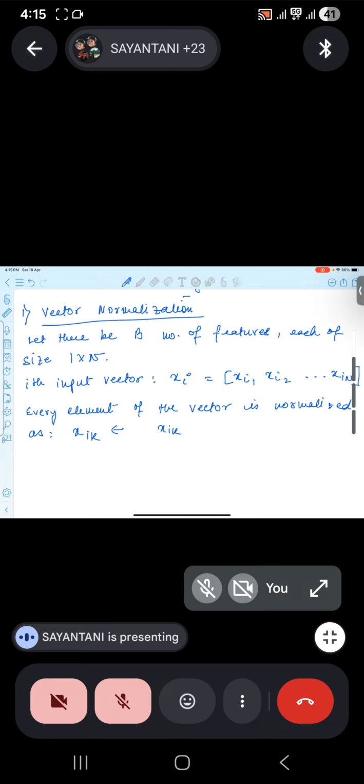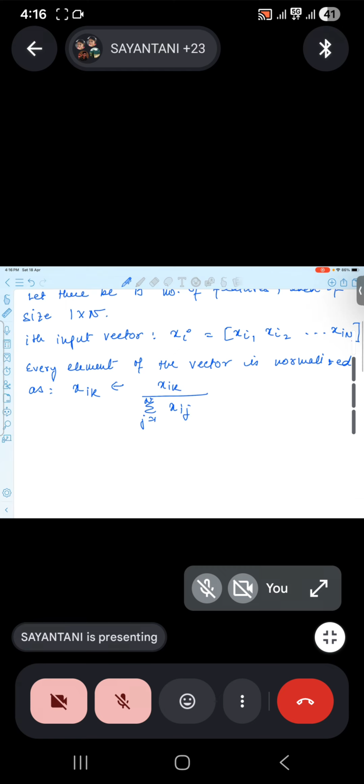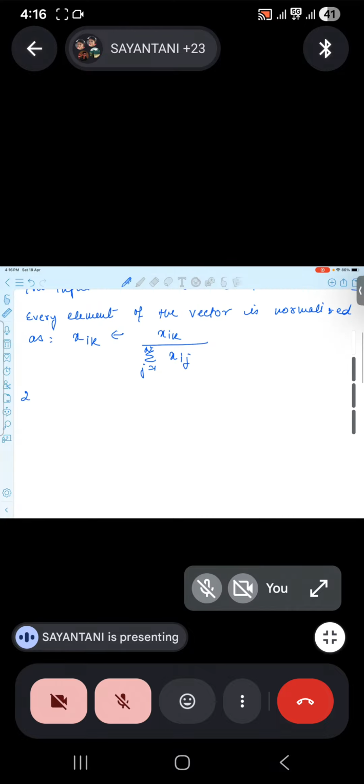Basically, you just take each element and you just divide by the sum of the elements. Okay, so each of your feature element in a vector gets normalized. So vector normalization is over.